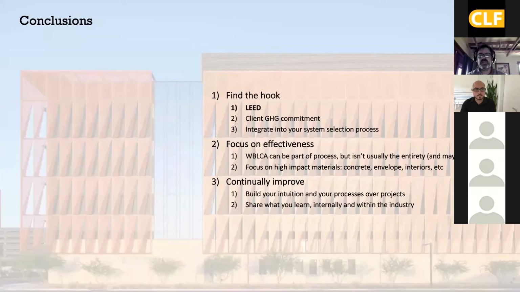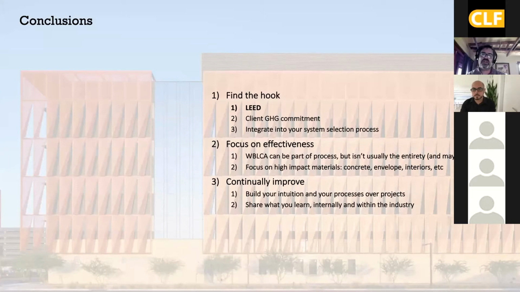So my three recommendations for folks: one is to find the hook with your project team and the client, whether that's driven by LEED, and we've had a lot of projects using the LEED whole building LCA as a way to get into this. We also have a lot of clients with greenhouse gas commitments.